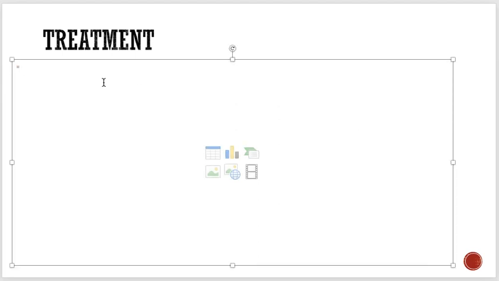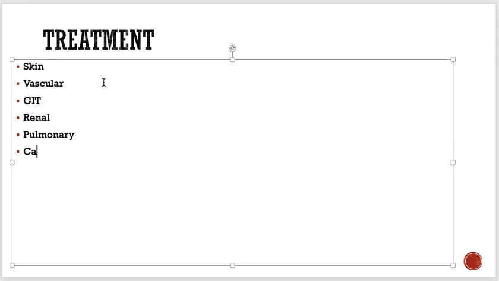For example, you have to manage the skin, the vascular problems, the GIT, the kidney or renal system, the pulmonary problem, the cardiac abnormalities, right?